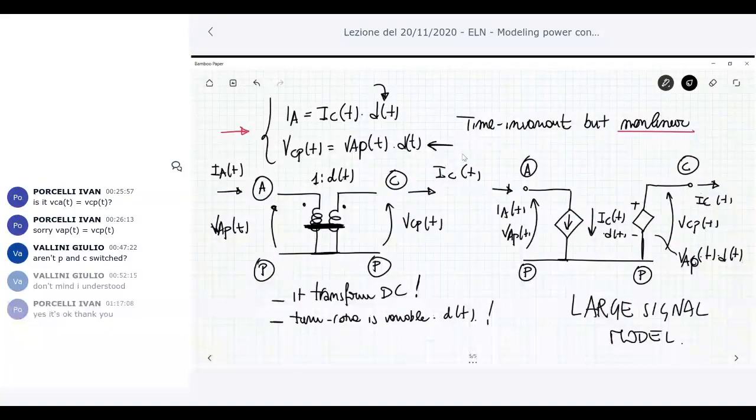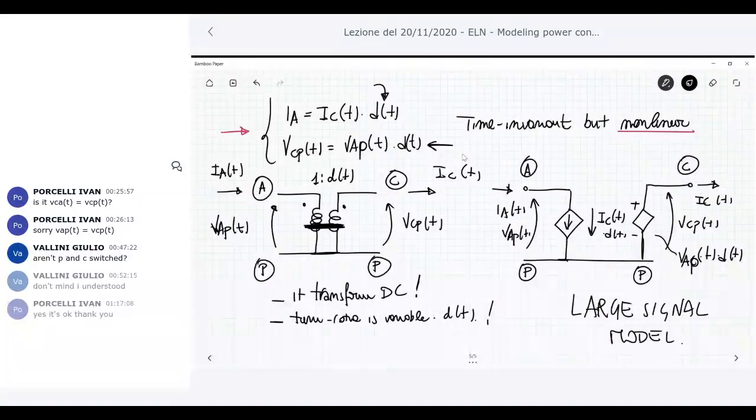Okay, you can replace your switch network with these models in SPICE. And what is the benefit? You have benefits and you have drawbacks. The benefit is that if you try to simulate a switch mode power converter with SPICE, and in that converter you have switches and diodes, then the simulation time can be very long.